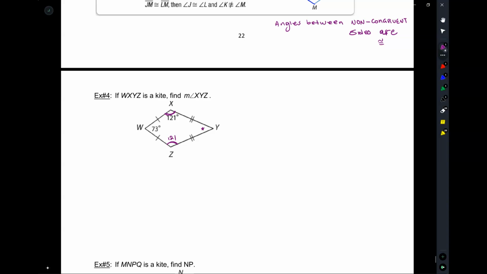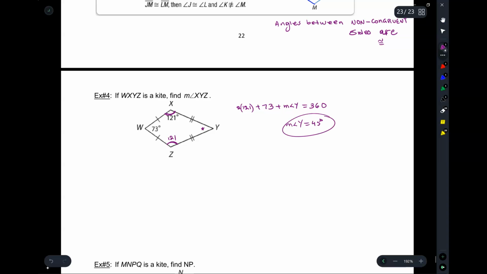That means all four angles add up to 360. So I say 2 times 121 plus 73 plus measure of angle Y is 360. And then if you solve it out, you get that measure of angle Y is equal to 45 degrees.